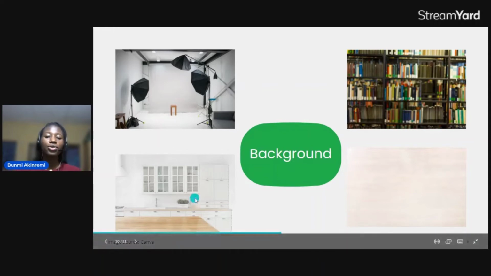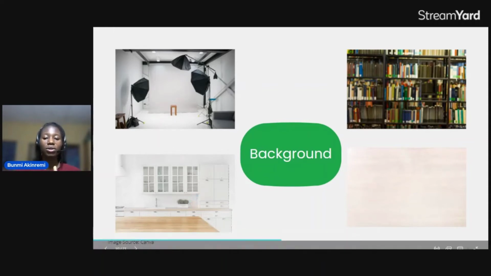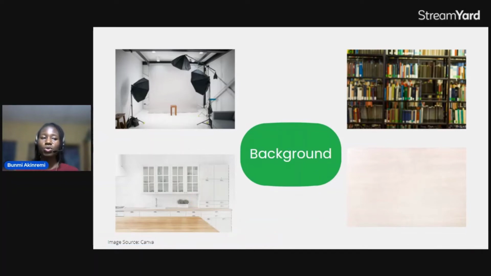If you're going to be using your kitchen, it should be something not too distracting. I don't want to see a lot of pots or plates, this kind of stuff. It should be something simple, something that would focus their attention on you. Some use their wardrobe, but you just want to have a good background all the same.